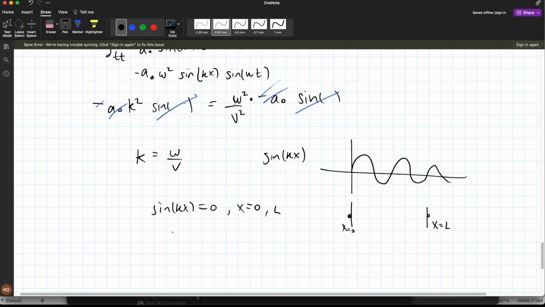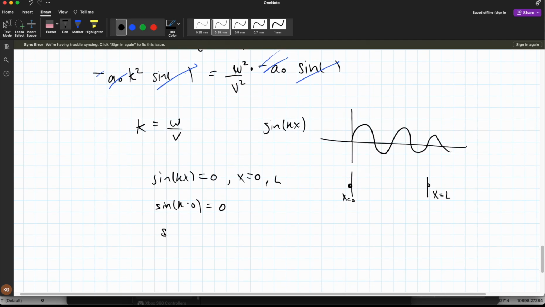Well, let's plug this in and see what happens. Sine of k times 0 is sine of 0, which is obviously, I don't know if it's obvious, to me it's obvious, it's 0. If you haven't seen trig in some time, it's not so obvious. And then sine of k when x equals L is also equal to 0. That's a little less obvious.